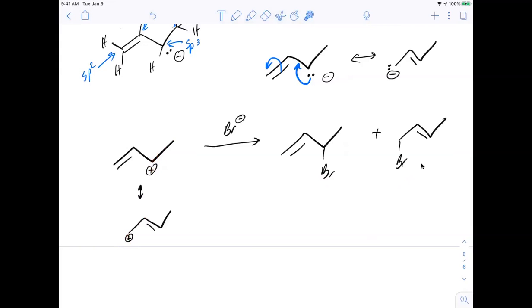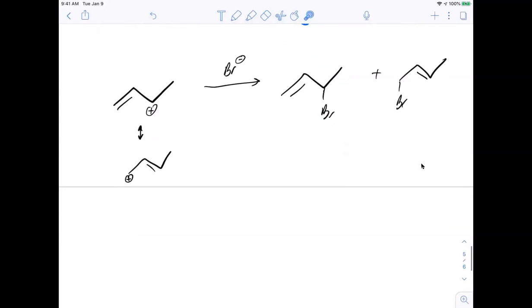Okay. At this point, we'll get to that point, right? So right now, you just need to be able to draw your resonance structures. I just wanted to show you how we're going to use the resonance structures. So we're building up, drawing resonance structures right now, and then we're going to move to using those resonance structures. Okay, questions about resonance?